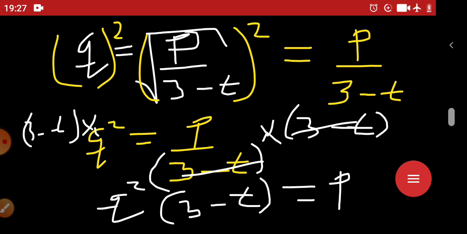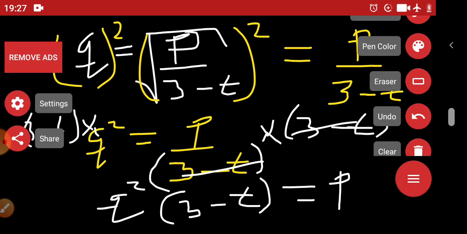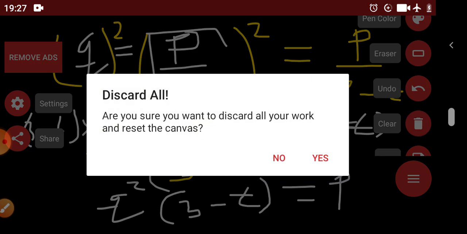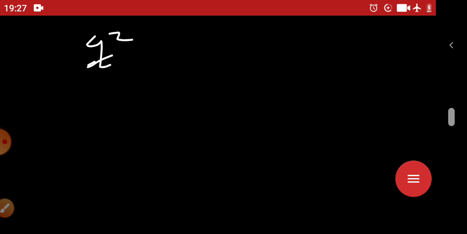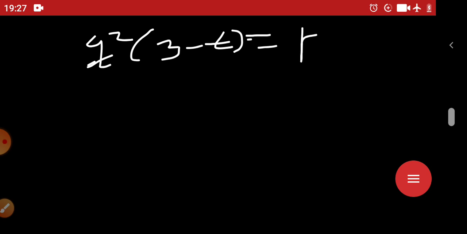Then we are not done, because we want to make t the subject of the formula. So what we need to do from here is that since we have q squared multiplying 3 minus t, which is equal to p, since we want t, we need to expand the brackets, because you can't deal with t while it's inside brackets.